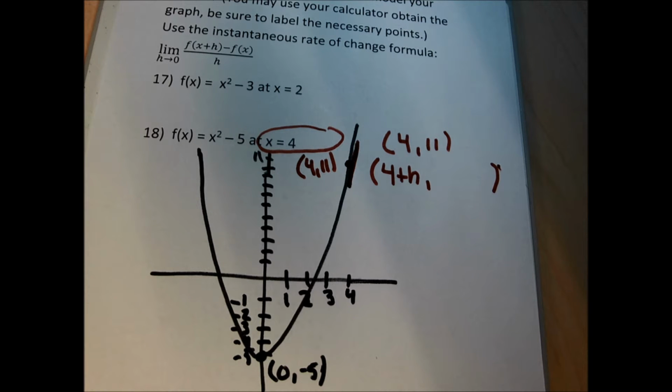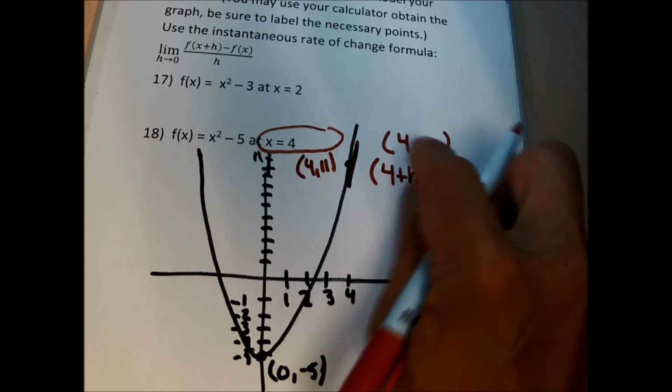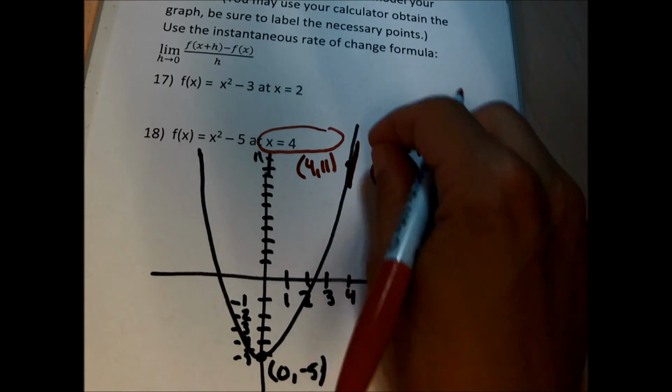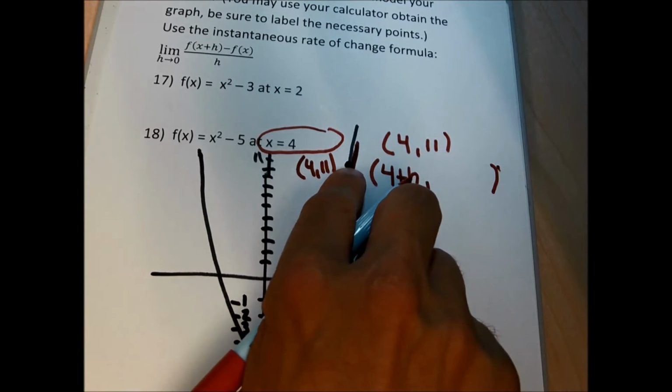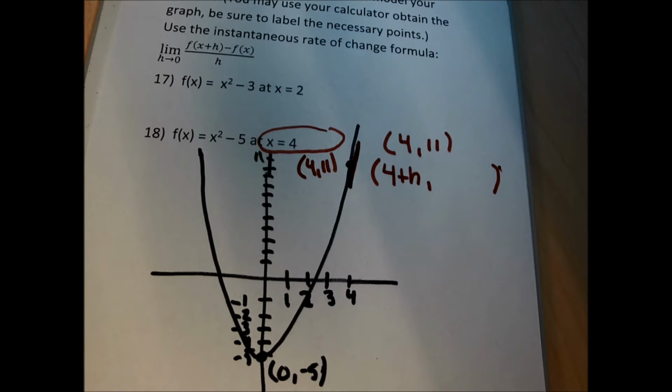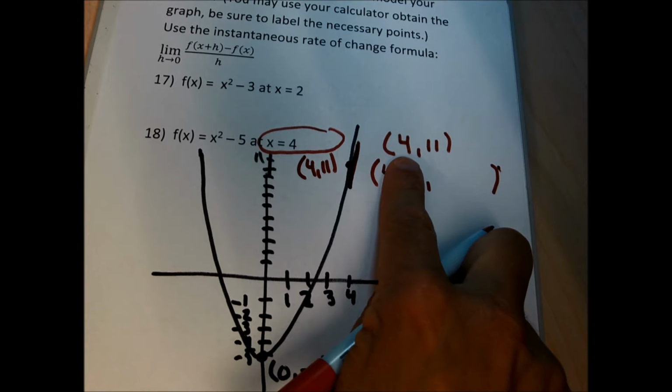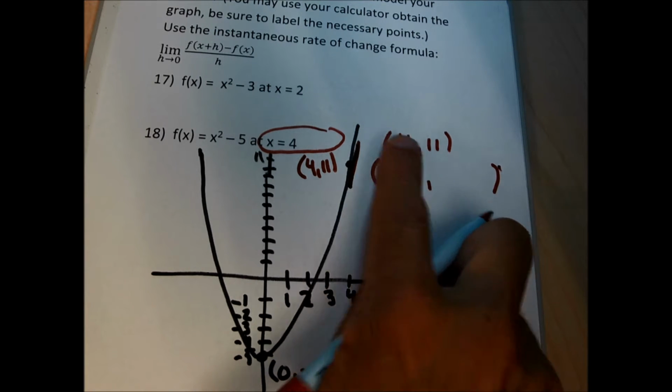So I'm finding the average rate of change between 2 points, one point that's a fixed solid point on the graph, and another point that's a movable point, and I want to move that point directly on top of my point and find the slope of the line between those 2 points. So for x equal to 4, my calculator can give me the 11. Or I could have got the 11 by hand.